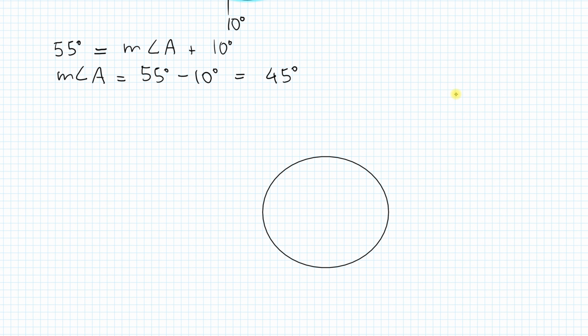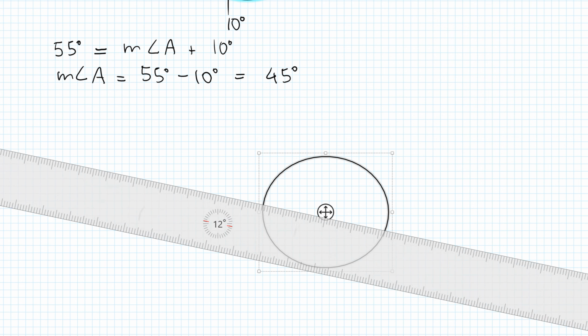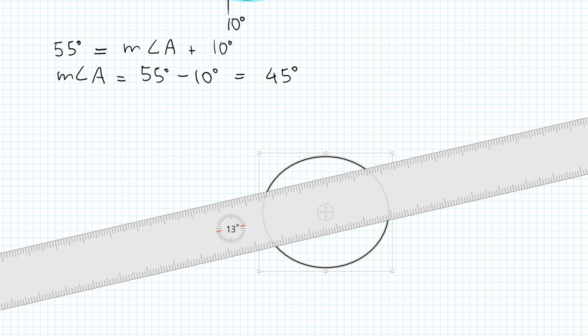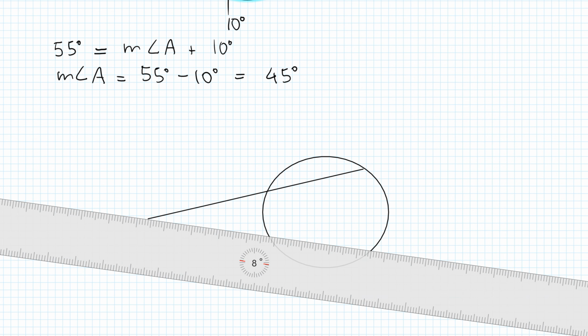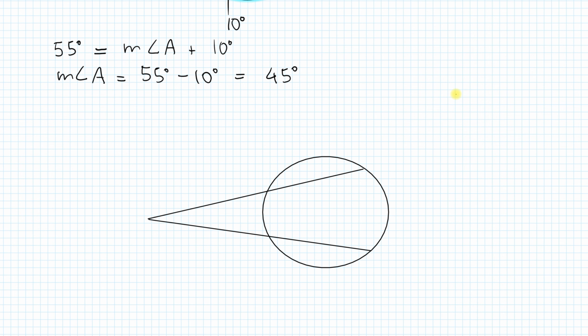Here we have a circle. Let me get a ruler now. There you go. So let me draw a secant here really quick. So here we have a secant. Now we have another secant here. Let me label the points as A, B, C, D, and E.